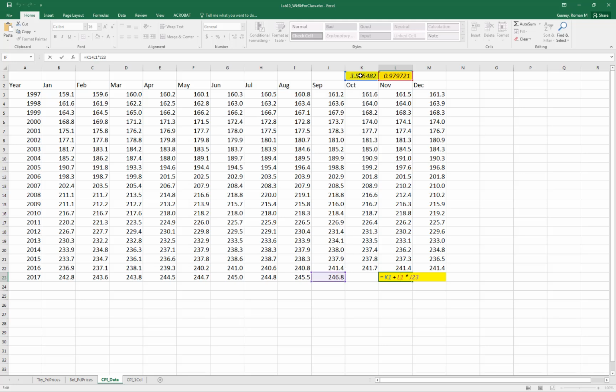Okay, and up here again, he's using 1998 through 2016, and the intercept, and then the slope coefficient being estimated.